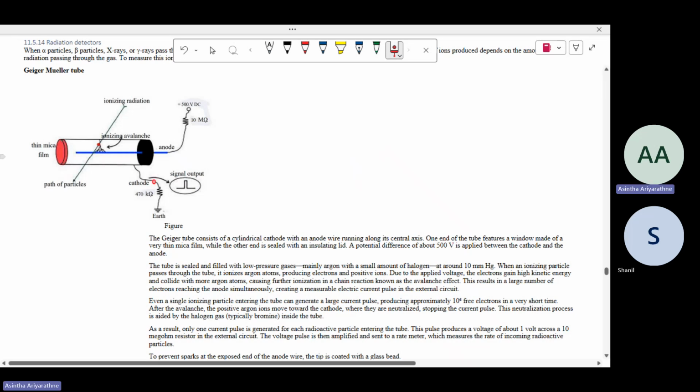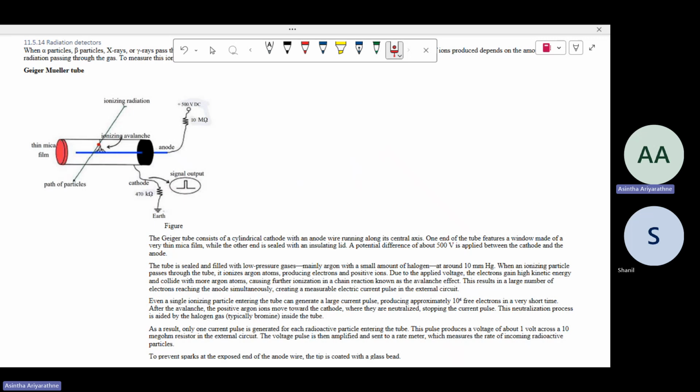So you can apply an oscilloscope, which we learned about in current electricity, across this resistor, and when a charge flows through it, a small spike would be there. That's how we can find the radioactivity.